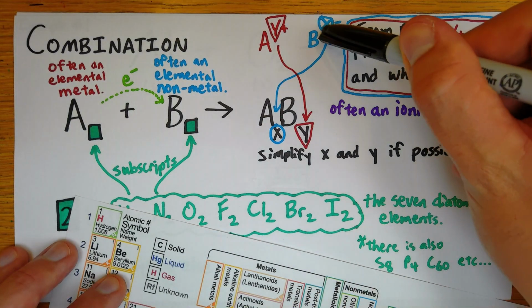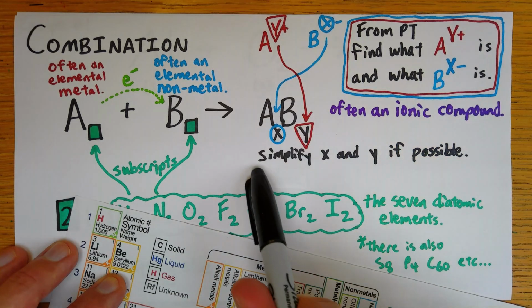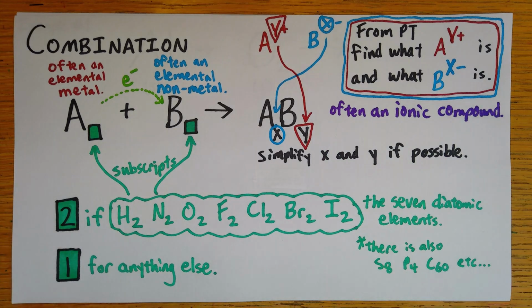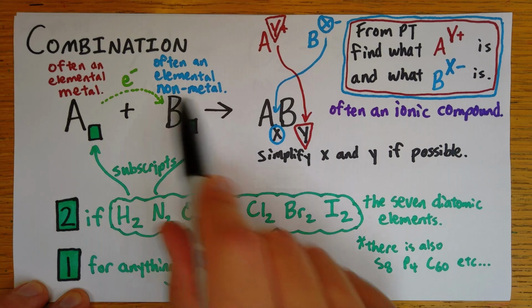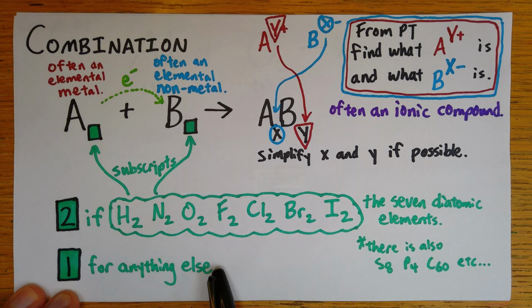Okay, so a great way to do that is this crossover method to get those subscripts, so long as you remember to simplify X and Y if that is possible. For the subscripts on the reactant side, it's going to be a 1 for most things like metals, for example.